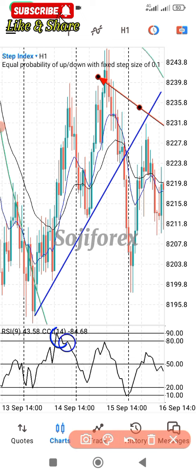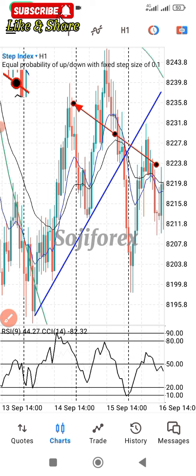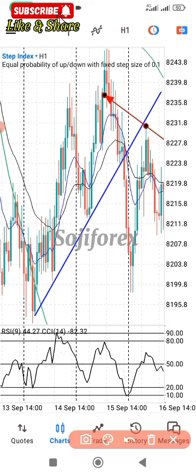Look at this, here and here. So what do I need? I need a candlestick formation, and you can see this rejection. When I get this, this becomes my first entry, and here again is another entry, this and this.